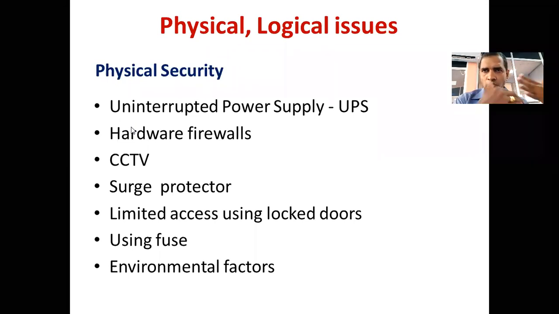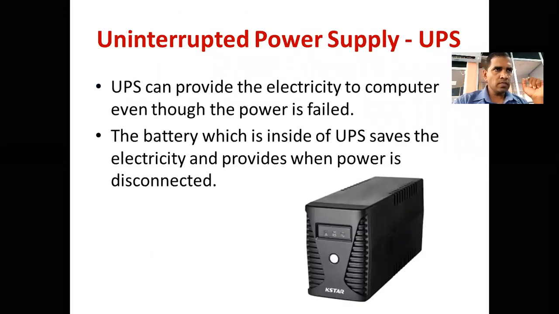If it happens every day, those hardware components will be affected. But when you use UPS, even though the power is disconnected, those hardware components are safe because electricity will be supplied to them for a certain amount of time. So that is physical security. Have a look at my description for UPS.